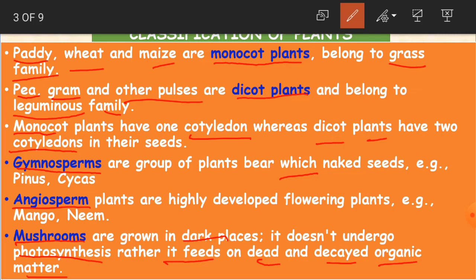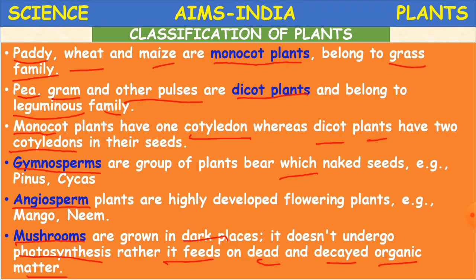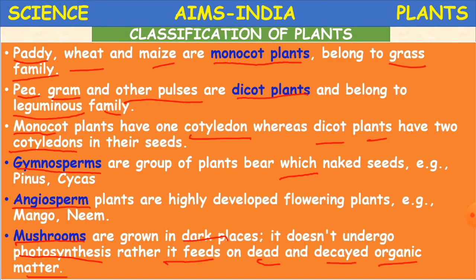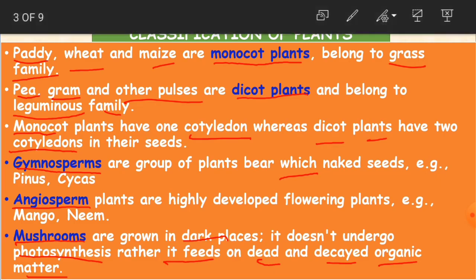Children, these are the characteristics of plants. We have monocot plants which belong to the grass family, and dicot plants which belong to the leguminous family. We have one cotyledon in monocot plants and two cotyledons in dicot plants.